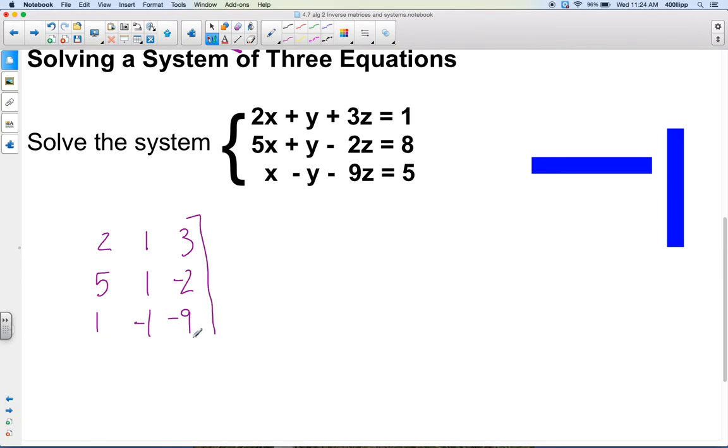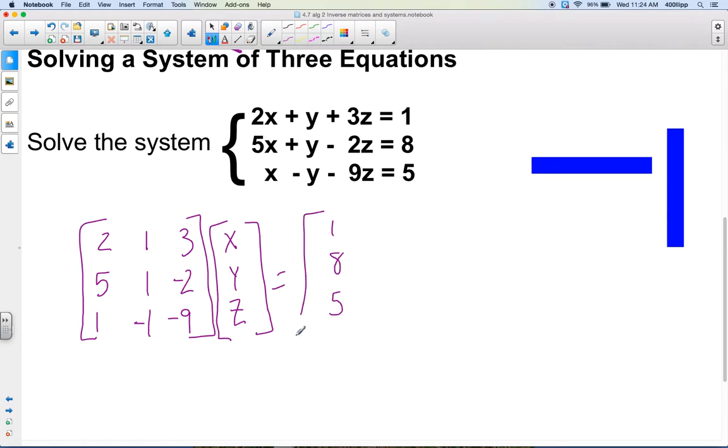Okay, we're going to write our x, y, and z, our variable matrix, and our constants, 1, 8, and 5. Okay, so just like our 2 by 2 in the previous problem, with the 3 by 3, we have to find the inverse and then multiply both sides by the inverse.